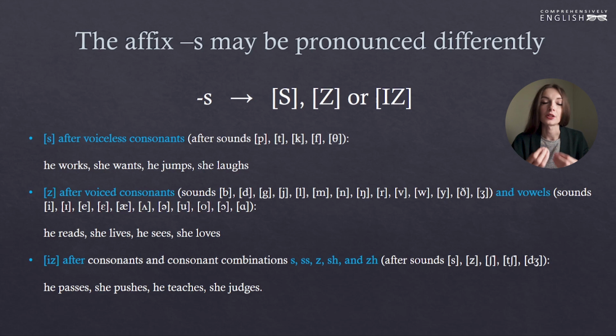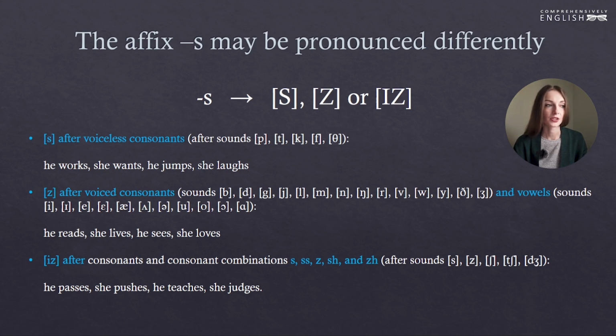You see the sound is bright, yeah, because those consonants like b, d, g, and those vowels make your sounds brighter. And thus the ending s also becomes voiced. And we read is after consonants and consonant combinations, which are s, z, sh, and zh.